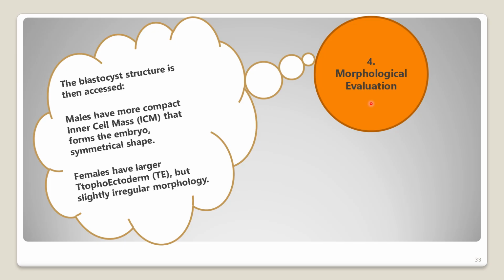The blastocyst structure can be used to detect whether the embryo is male or female. The males have a more compact inner cell mass that forms the embryo, leading to a symmetrical shape, while the females have a larger trophectoderm, but these are slightly irregular in morphology.